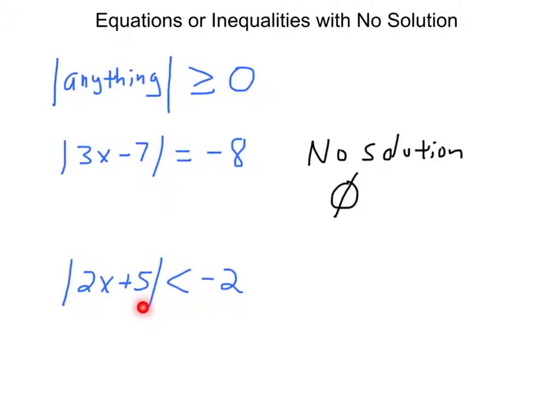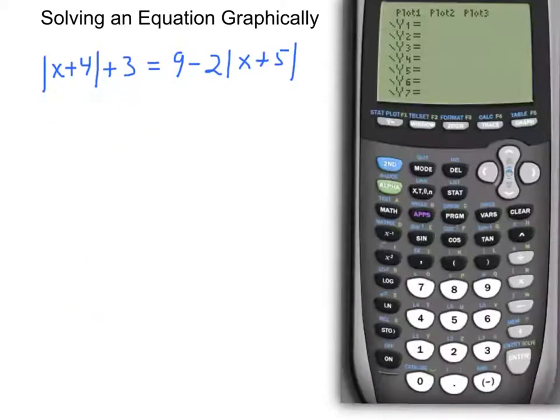So it couldn't be less than a negative number. So again, that would have no solution. And you could either write no solution or you could draw the empty set indicating that. So you have to look out for those kind of problems and beware about that, because once in a while they'll show up. The last thing I'd like to go over in this lesson is how to solve an equation graphically.